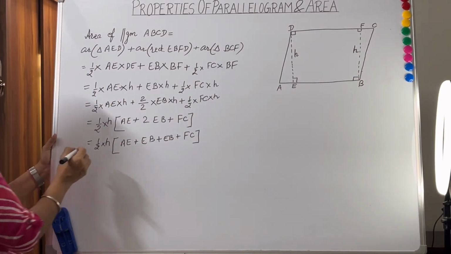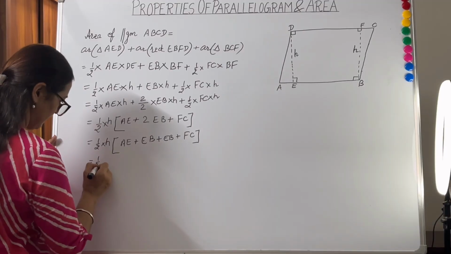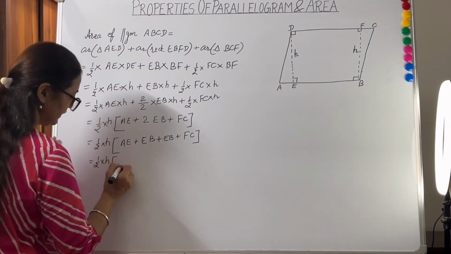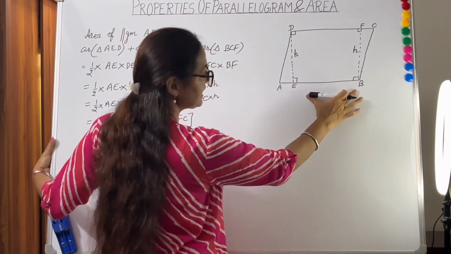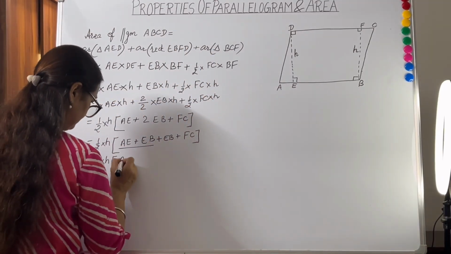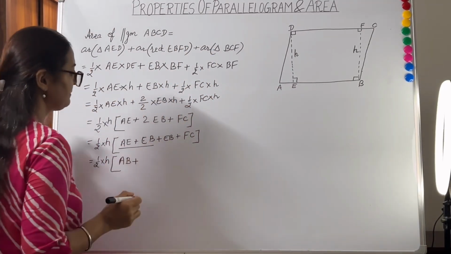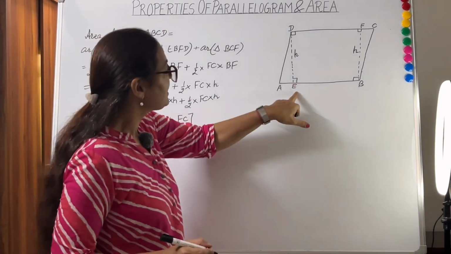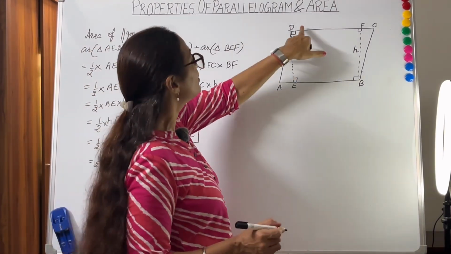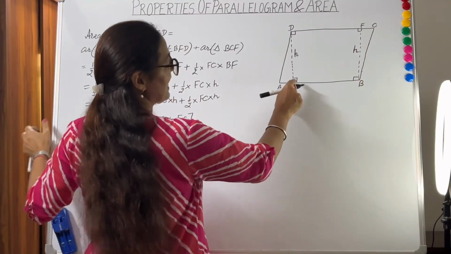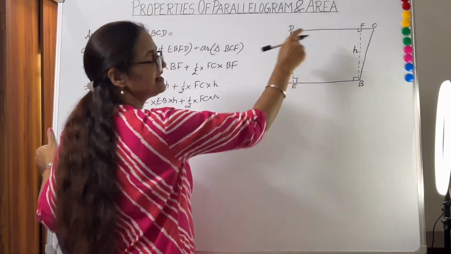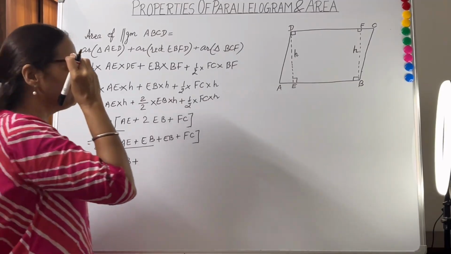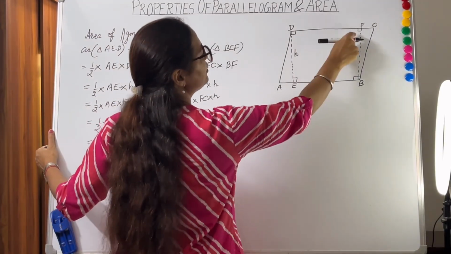Okay, is equal to half into h. Now AE plus EB, combining both, what will it become? AB. AB plus here this EB is equal to DF. Why? Because as I've told you EBFD is a rectangle and opposite sides of a rectangle are equal. So EB will be equal to DF.